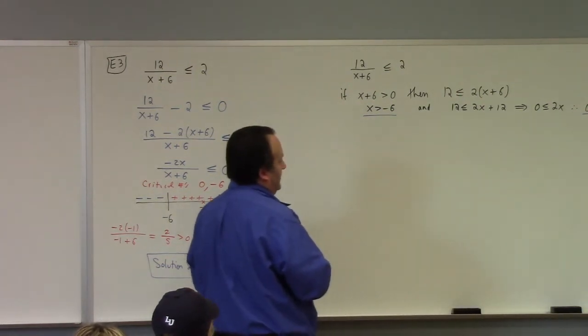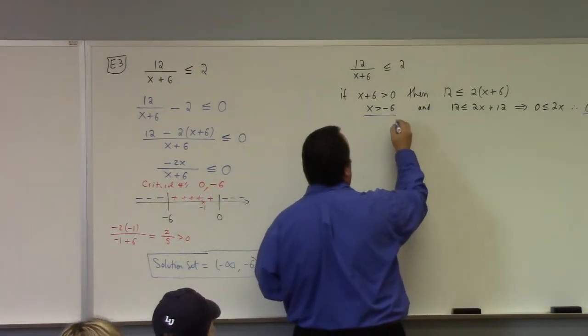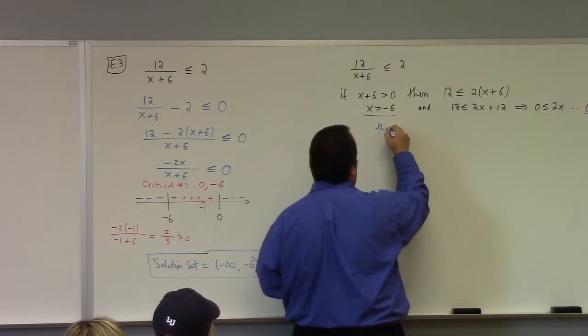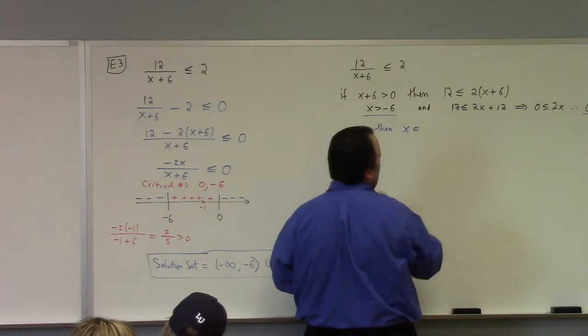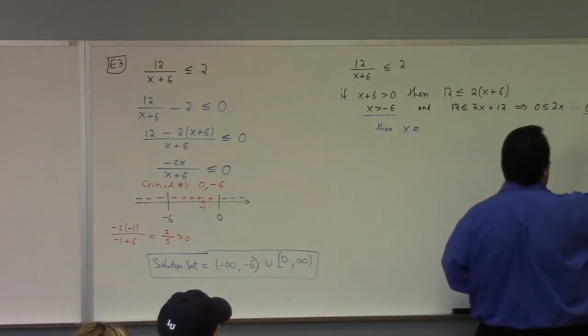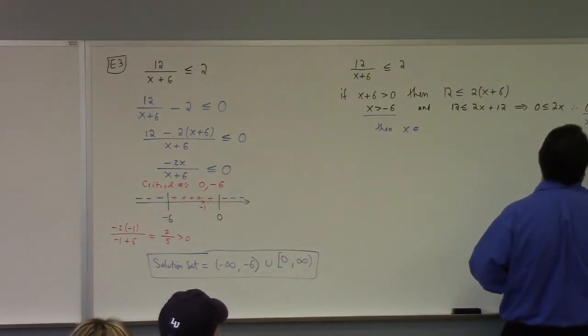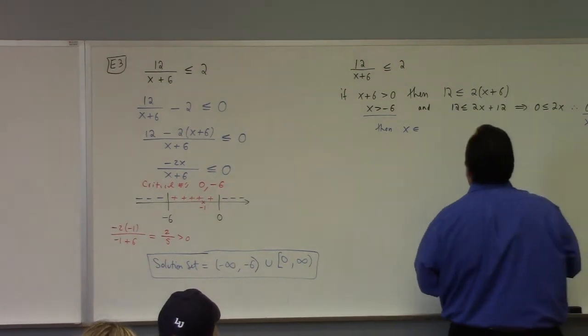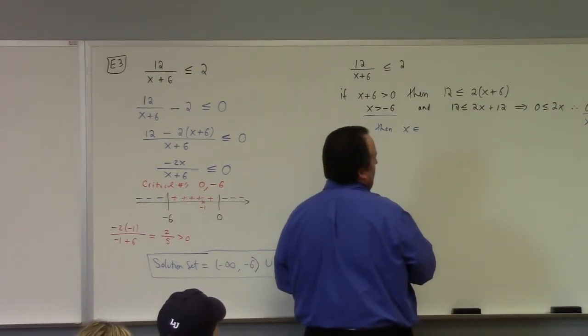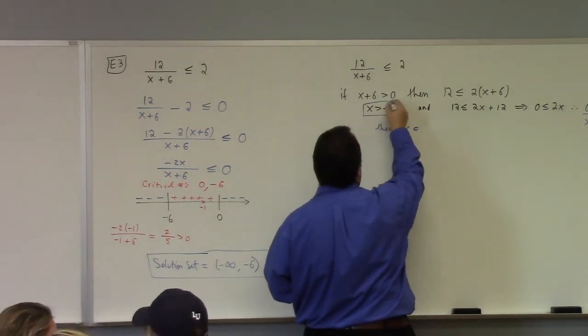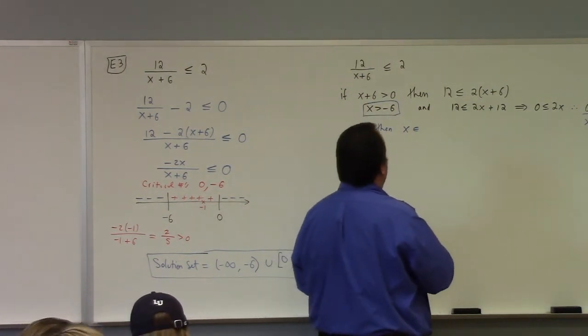I mean, that puts x where? x is, excuse me, x is what? Greater than or equal to 0? Wait a minute. We have x greater than or equal to 0, and we have x greater than minus 6.